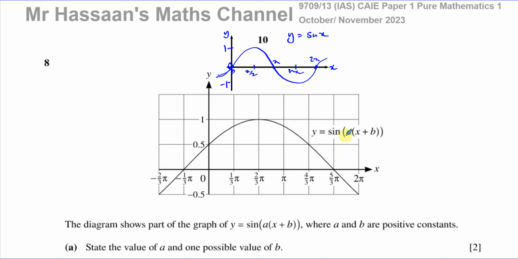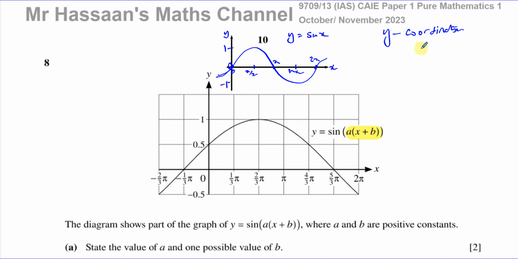There's nothing multiplying the whole sine of x, and there's nothing added to the whole thing. All the changes that have taken place are inside the function, inside the bracket. There's no changes outside. What is affected by changes on the outside are the y coordinates.